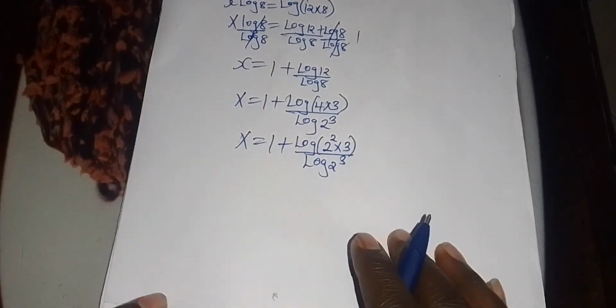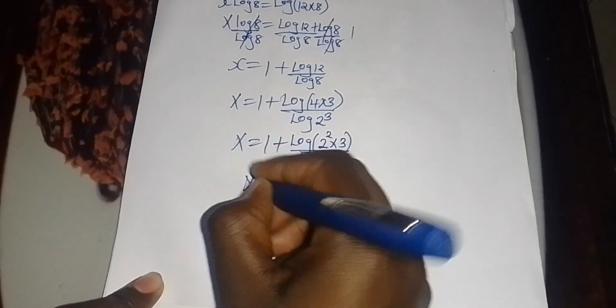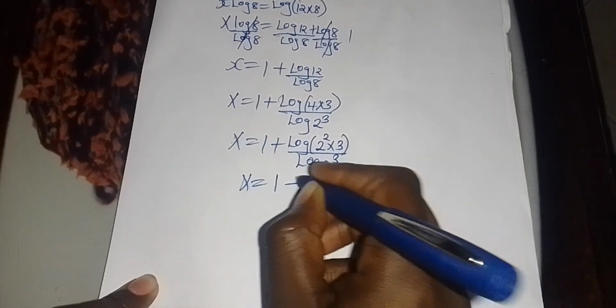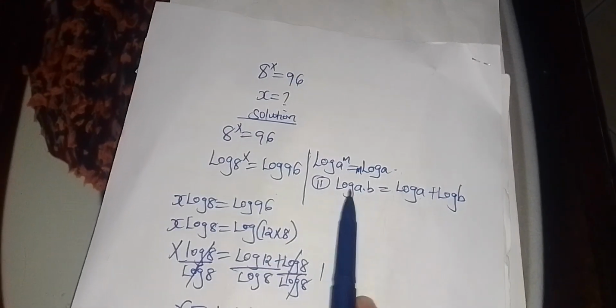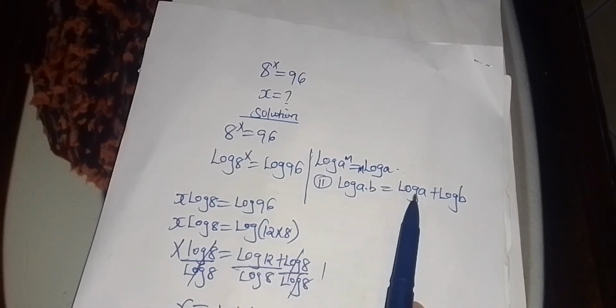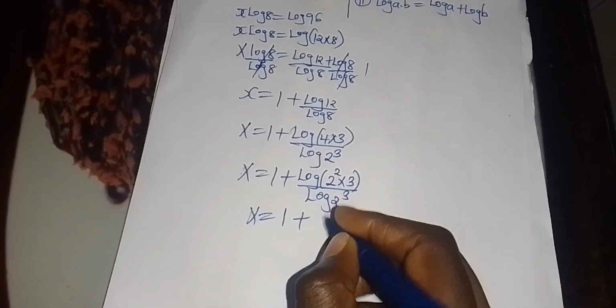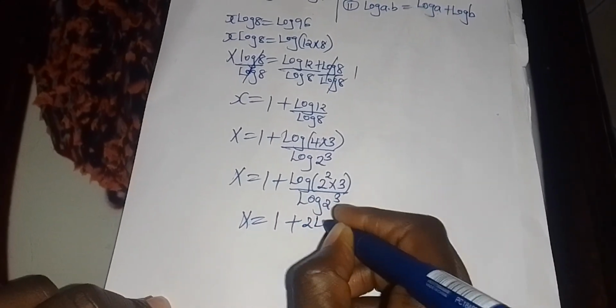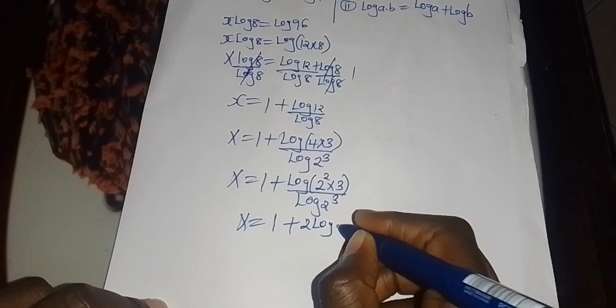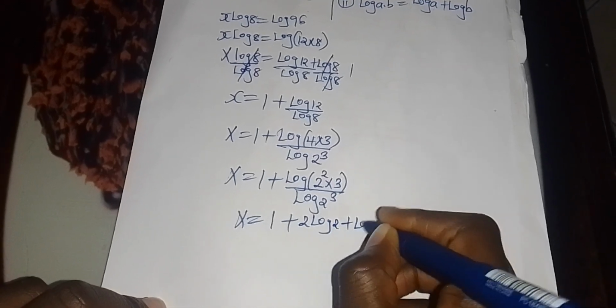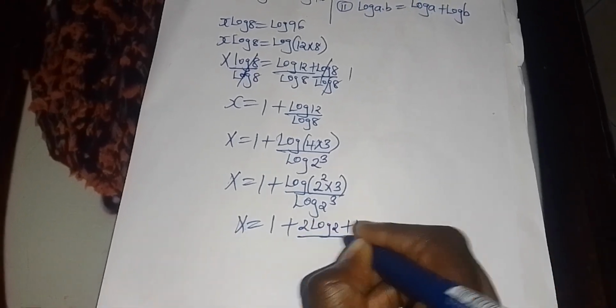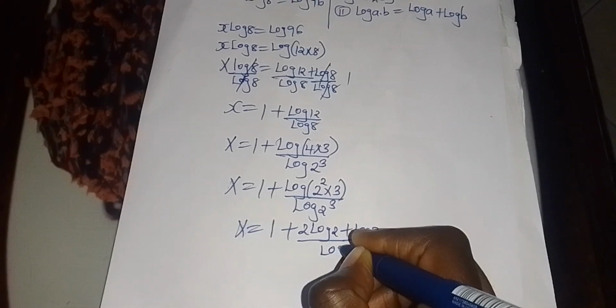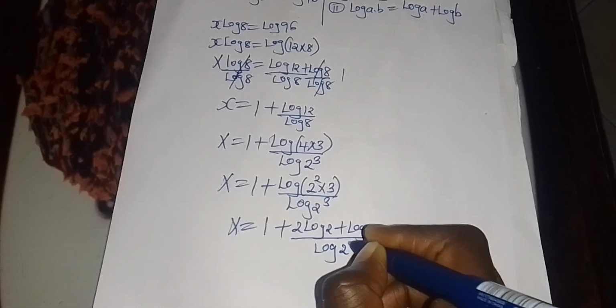Now applying the second property, log of a multiplied by b, we'll have log a plus log b. We proceed so that we'll have 2 log 2 plus log 3, all of it divided by log 2 cubed.